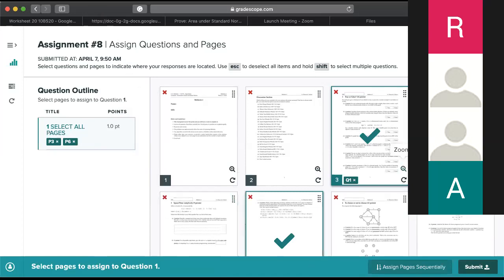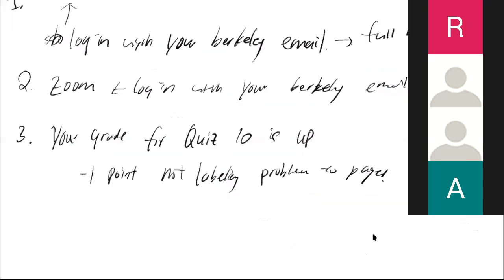So let me go back to my iPad. If you have everything on one page, you just click on the left-hand side, do the labeling, and match all the problems.